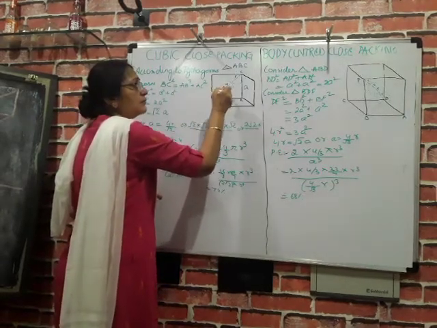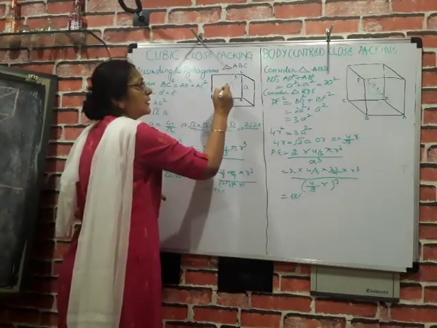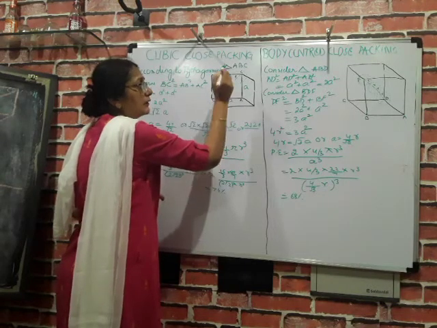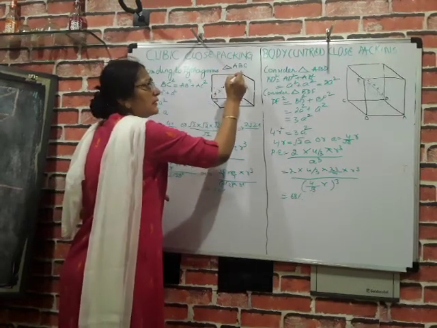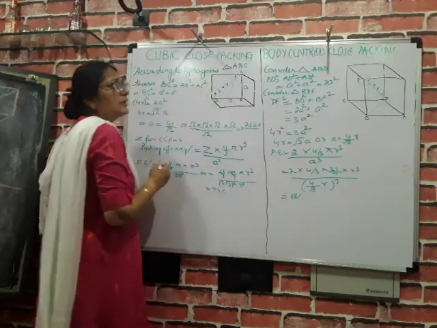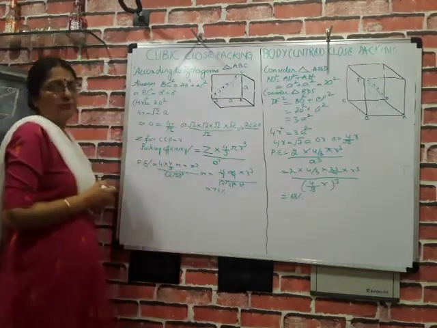This is the full constituent particle, so R, and then the third particle is present on the corner of the cube.